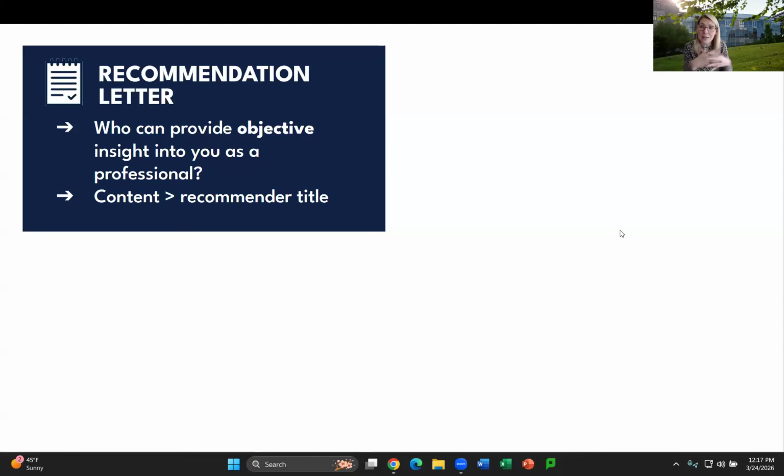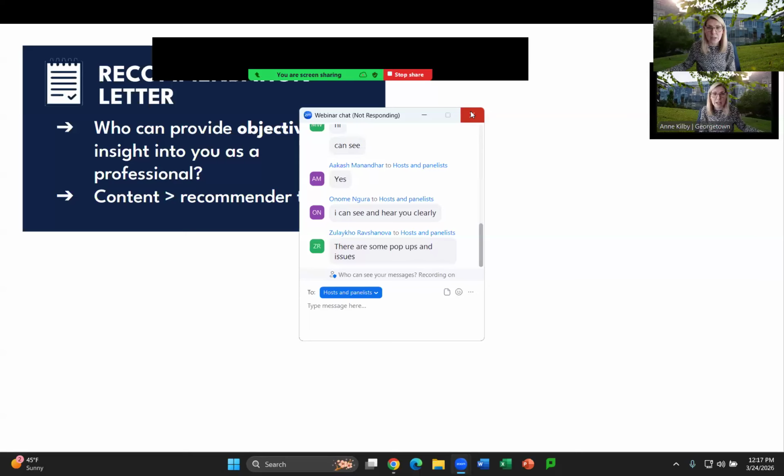How you can get aligned with your recommender is to coach them, to share with them why you are applying to the MBA, why you chose Georgetown, what you're hoping to achieve, some highlights from your career successes, so that you can, again, reinforce each other. And people always appreciate when you equip them.